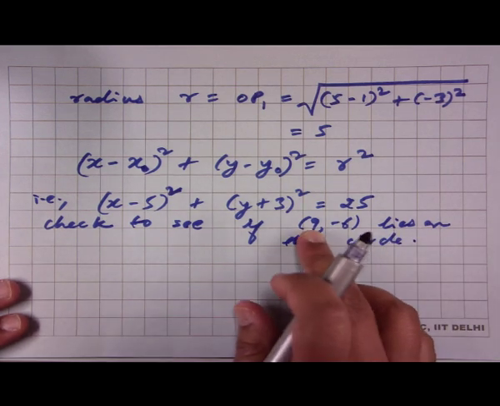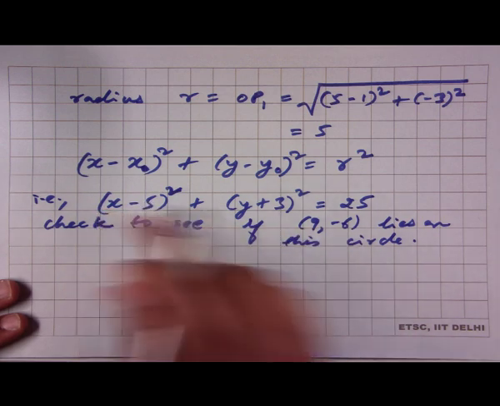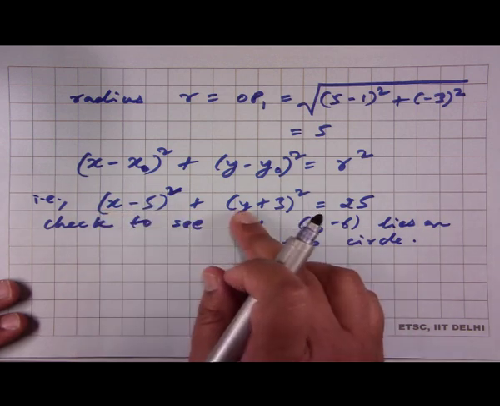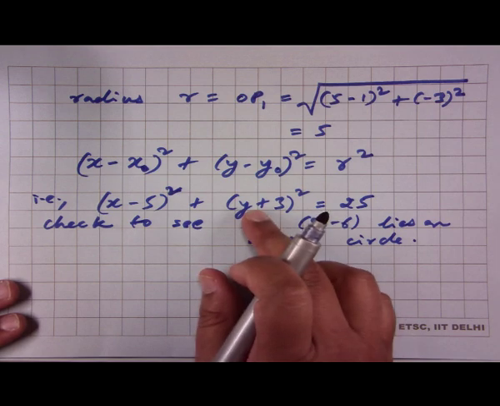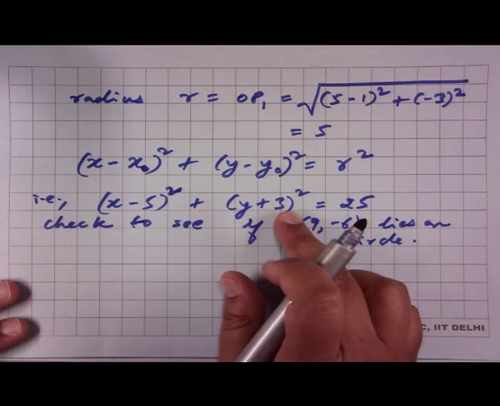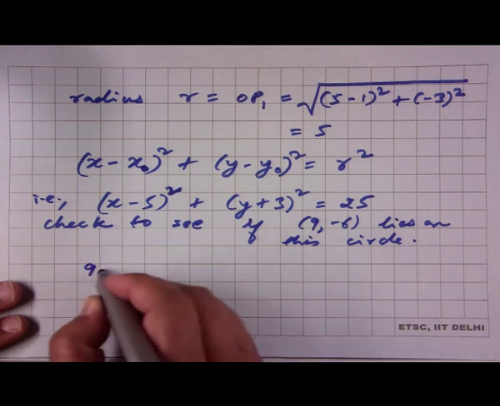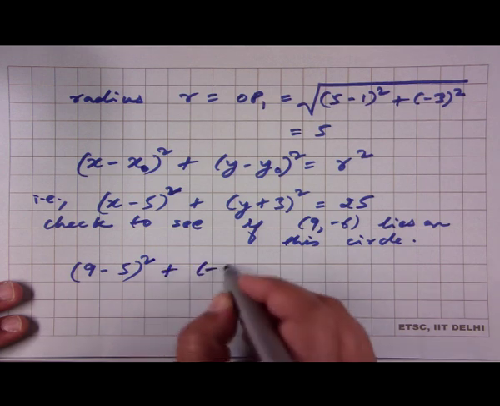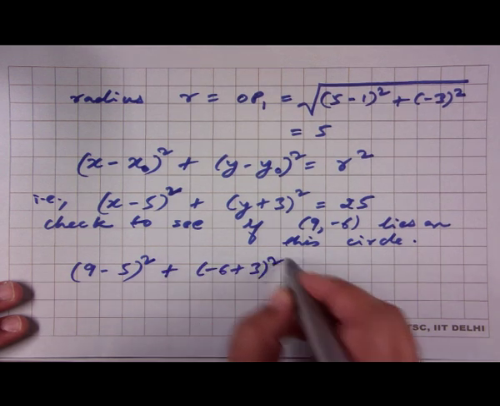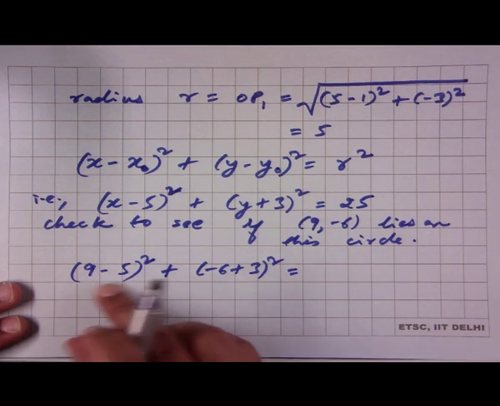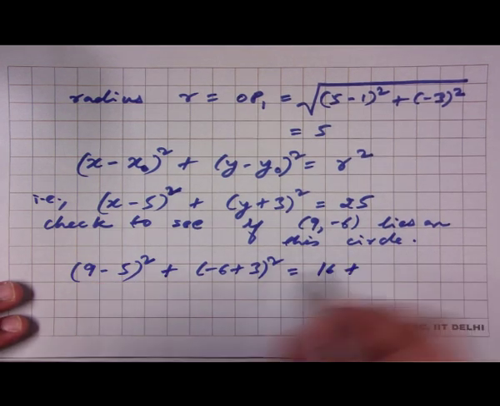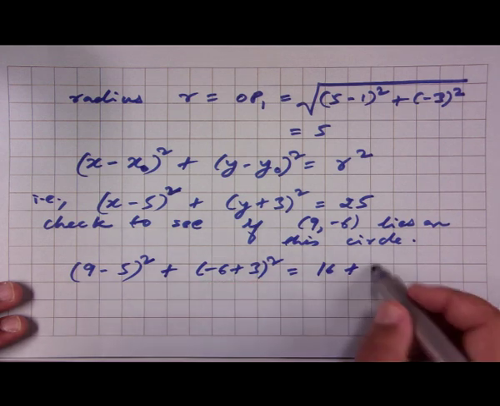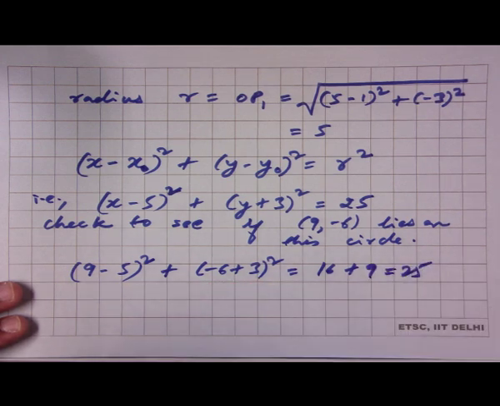So, if we put x equal to 9, y equal to minus 6 on the left hand side, we get, so this is 16 plus 9, which is 25.